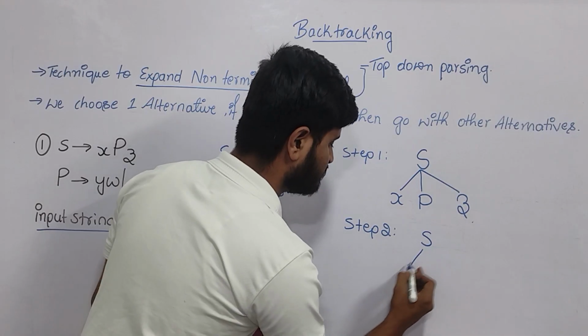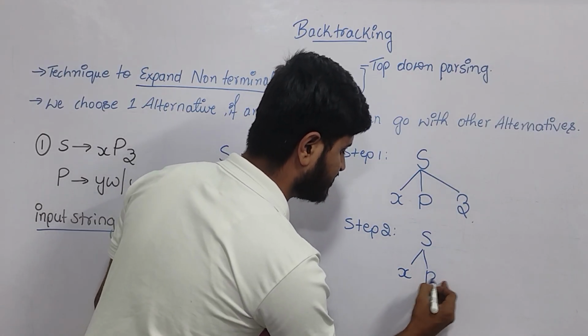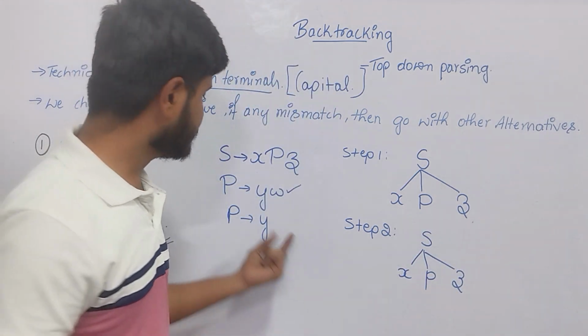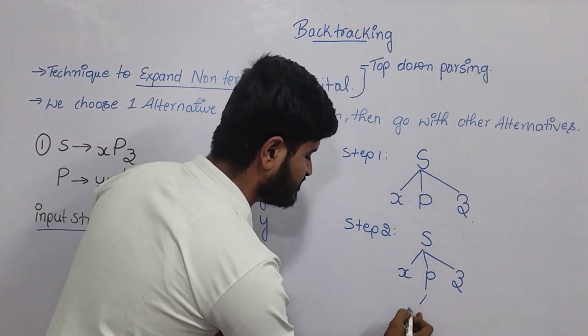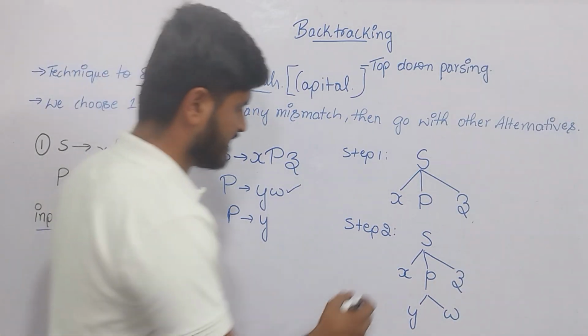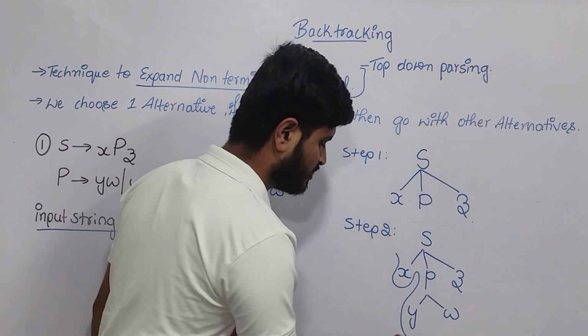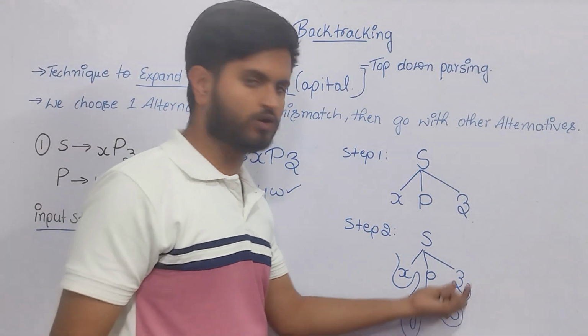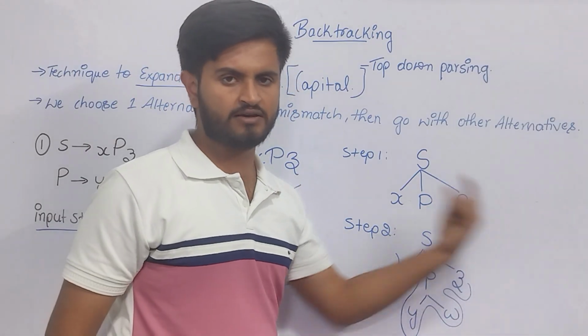So S will be same, small letter x, capital letter P and small letter z. I can only expand the capital letter, so capital letter P is producing small letter y and small letter w. Now let's travel x, y, w, z. You must travel using the leaf nodes from left hand side towards the right hand side.